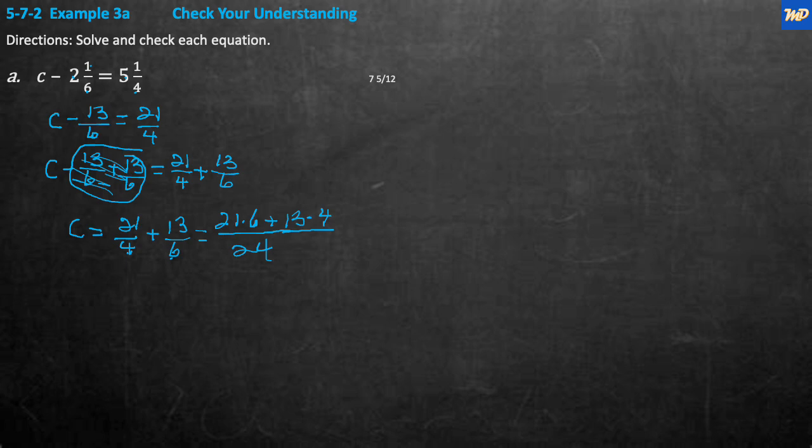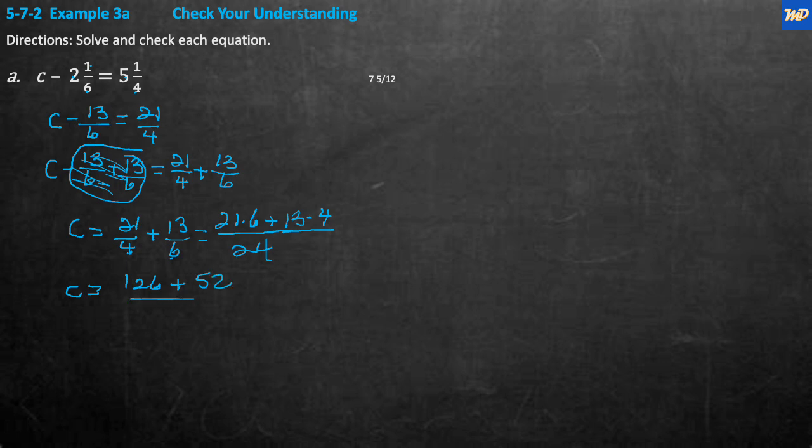Okay? And what does that equal to? So now C equals 21 times 6 is how much? 20 times 6 is 120. 1 times 6 is 6. So it's 126 plus 4 times 13. 4 times 10 is 40. 4 times 3 is 12. 40 and 12 is 52.